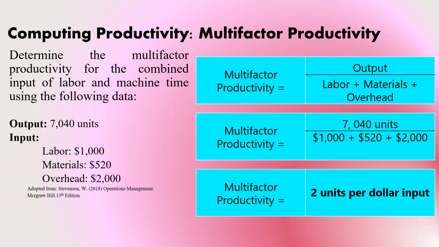Productivity measures are useful on a number of levels. For an individual department or organization, productivity measures can be used to track performance over time, to track the performance of that certain department.